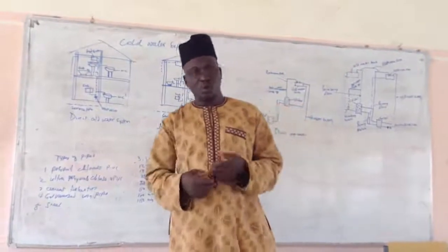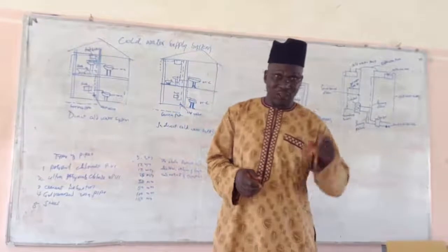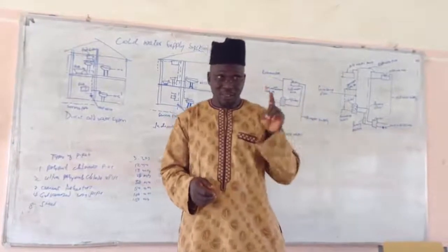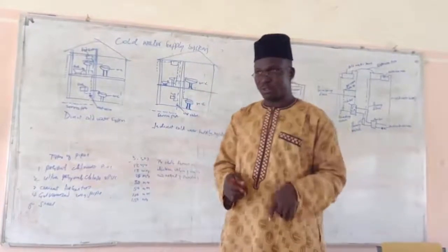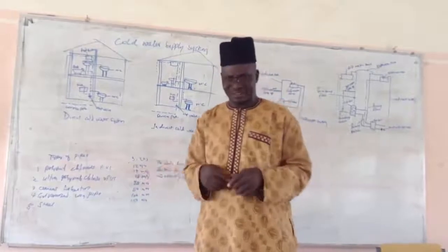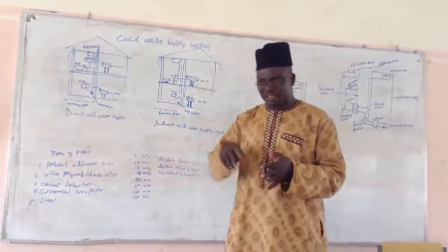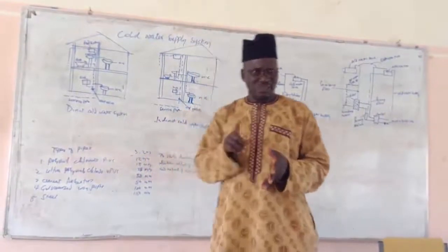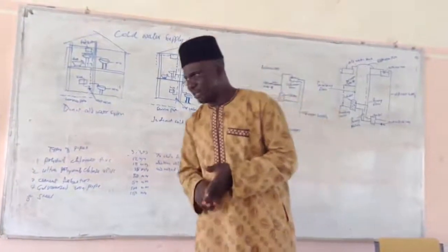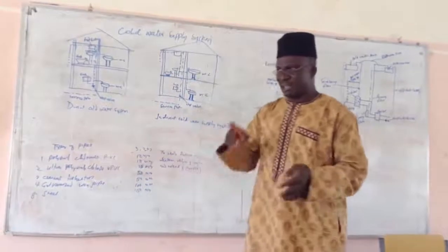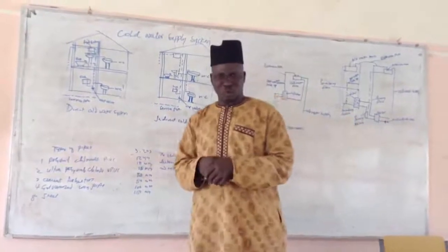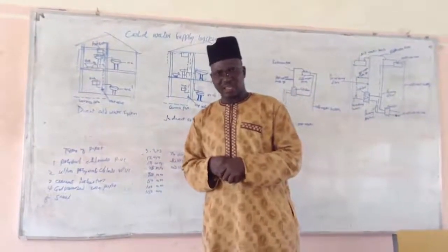The direct is about distributing water from the main, from the service pipe inside your house, directly to the various sanitary appliances: the sink, the wash hand basin, the toilet, the WC, the urinal, everything is supplied through that direct system.